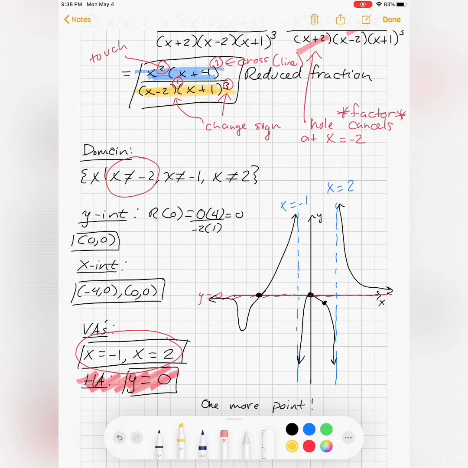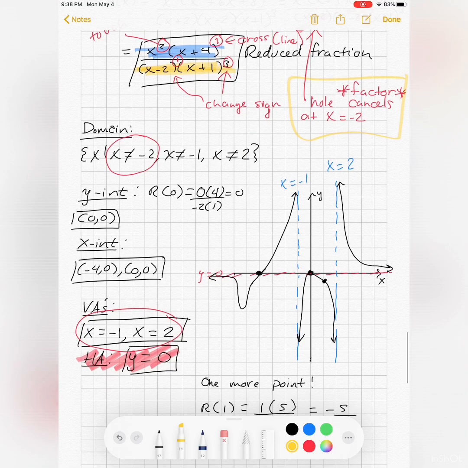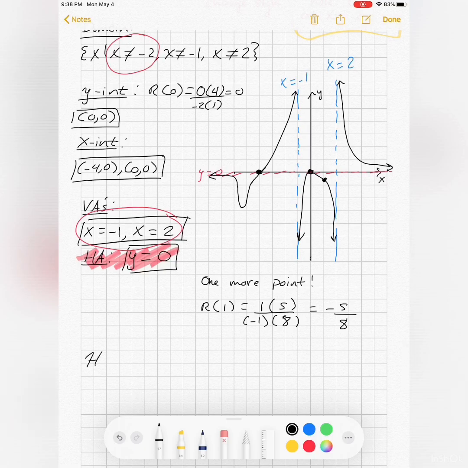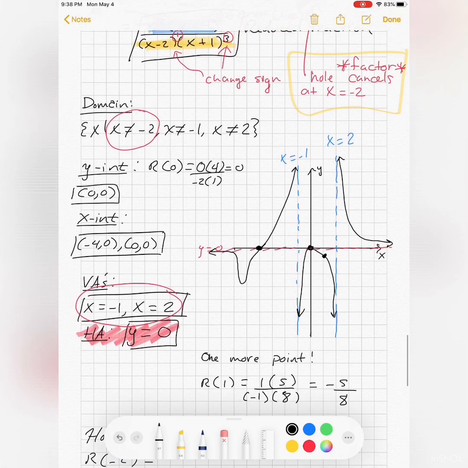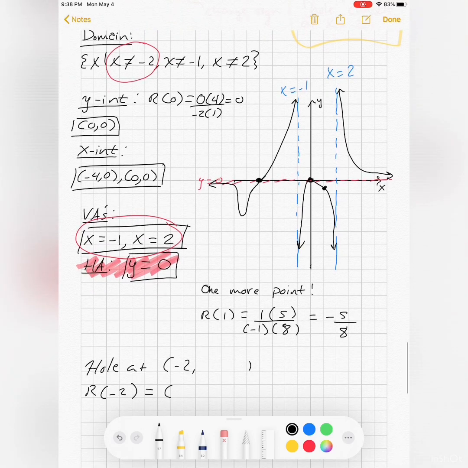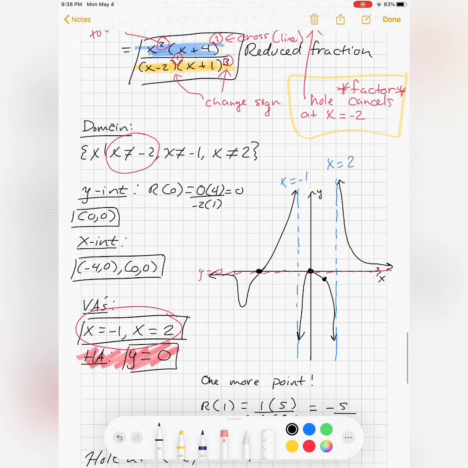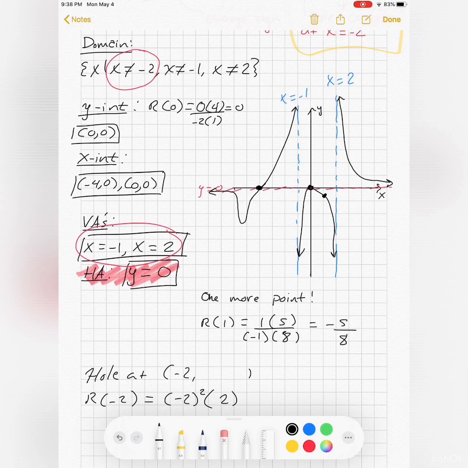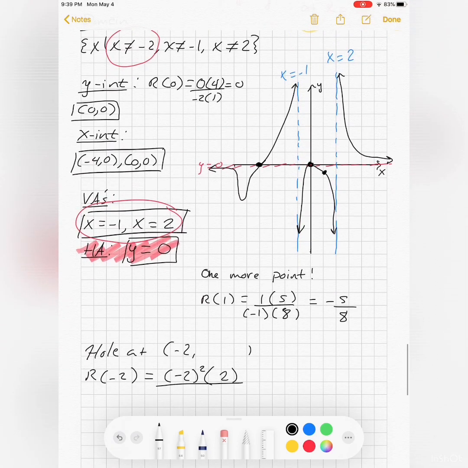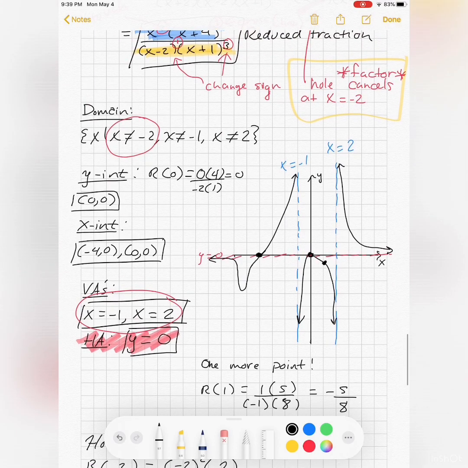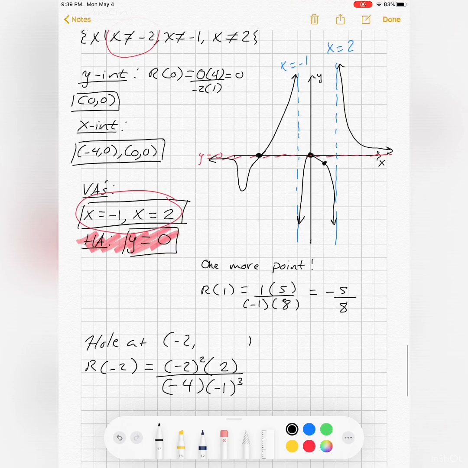Oh, so then what have we not accounted for? The last thing, what about this hole? I'll put it here, I guess. The hole at -2, comma. So I have to look at the reduced fraction. I have to evaluate at -2. So what is that? It's going to be -2 squared. -2 plus 4 is 2. -2 minus 2. -2 plus 1 is -1 cubed.